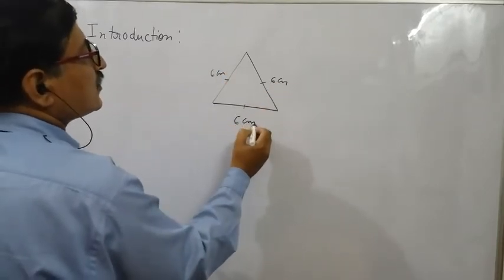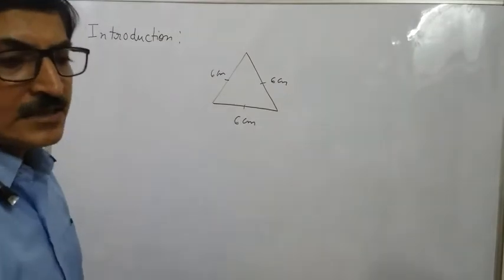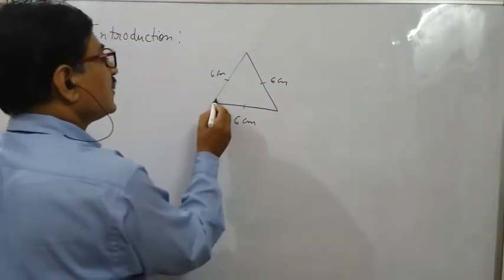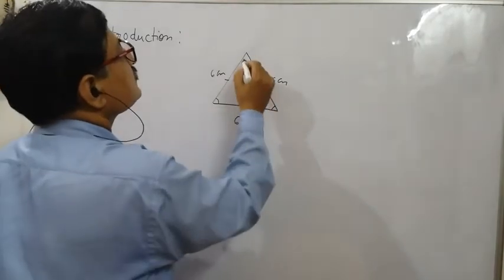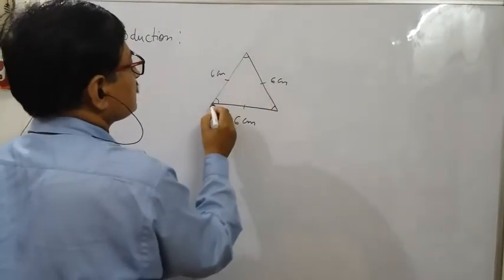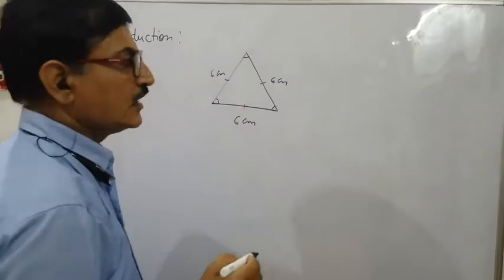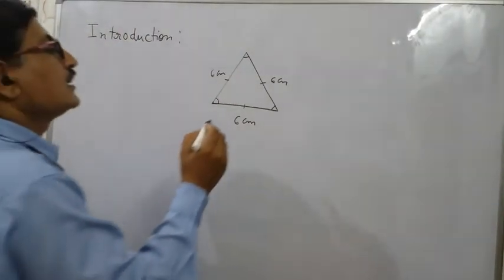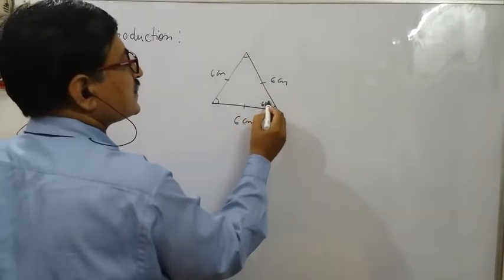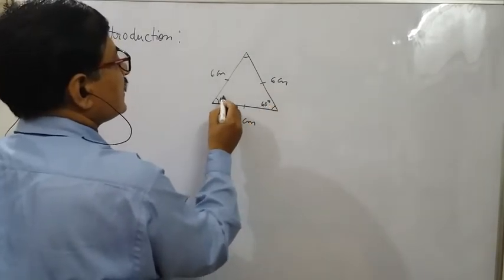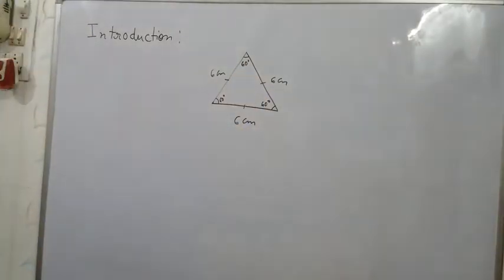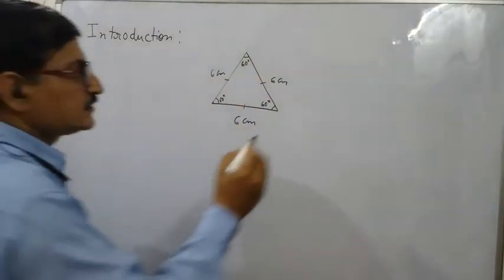And this is called the equilateral triangle because all sides are the same. And if all sides are the same, therefore all angles will also be equal. And you know that in a triangle the sum of the angles equals 180 degrees. If all the angles are equal, then each angle will be 60 degrees. So in an equilateral triangle, each angle will be what? 60 degrees.